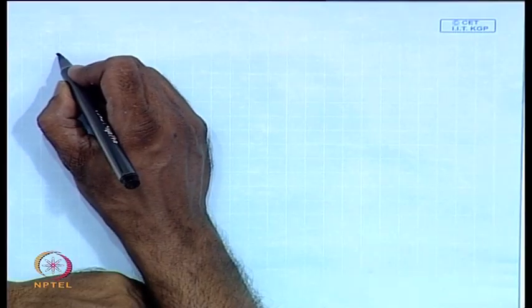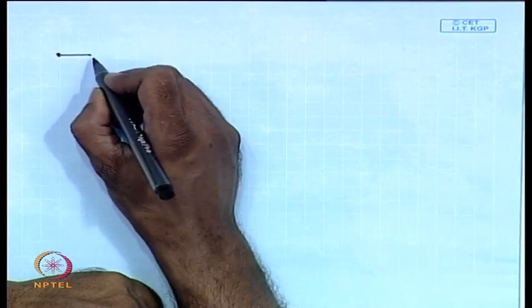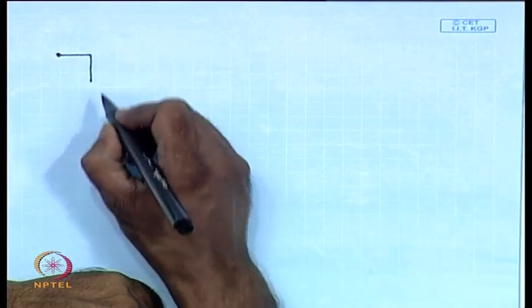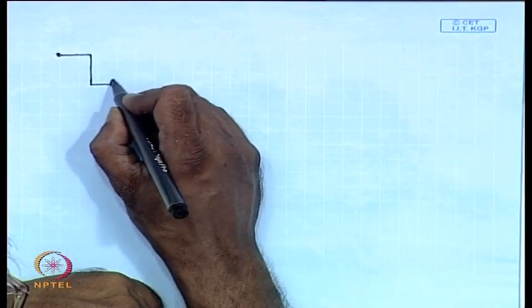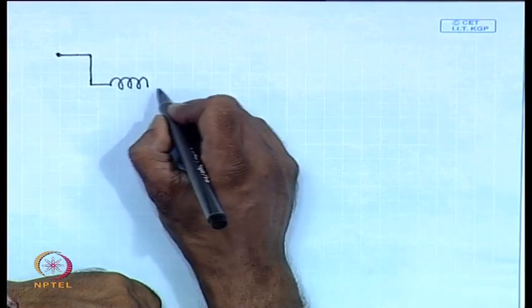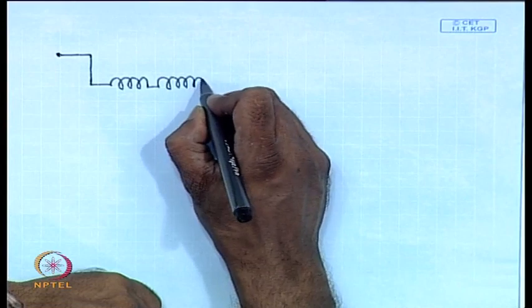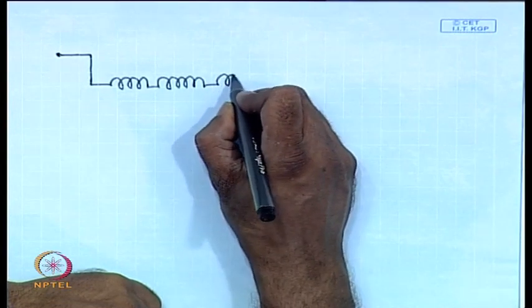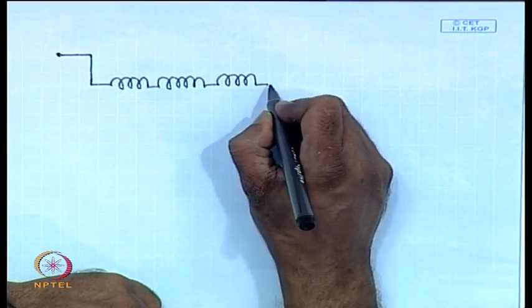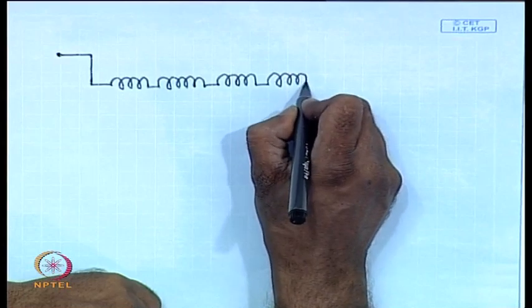So, let us take a 4 pole DC series motor. It had 4 series connected field windings. All windings are connected in series.